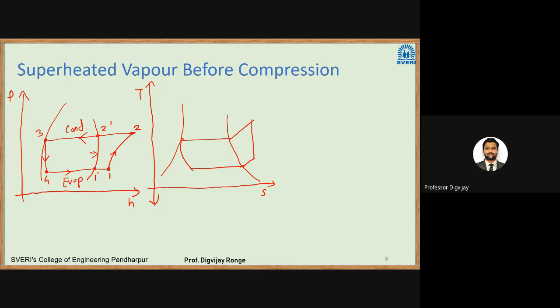Similarly here also we can write this will be 1, this will be 2, then this point is 2 dash, this point will be 3, and this point will be 4. So 1 to 2, 2 to 3, 3 to 4, and 4 to 1.